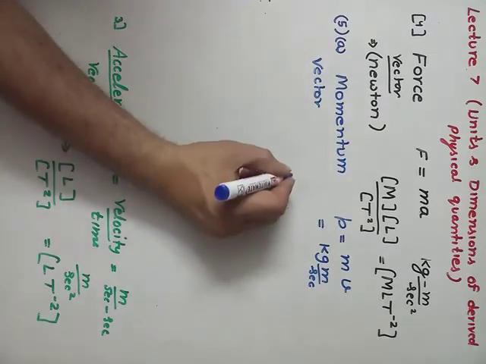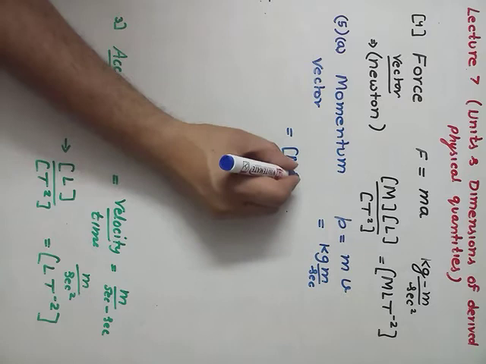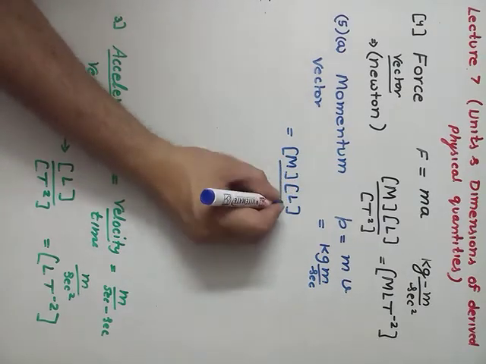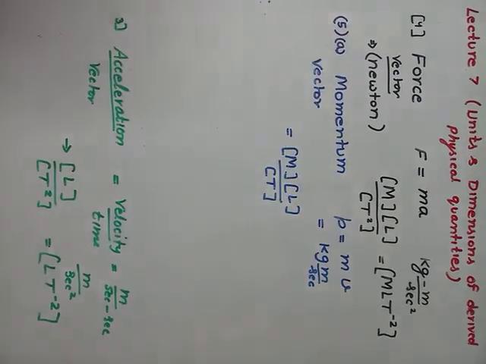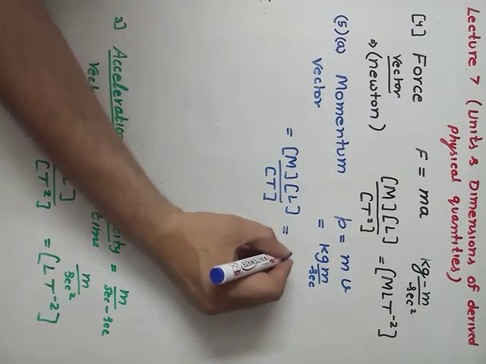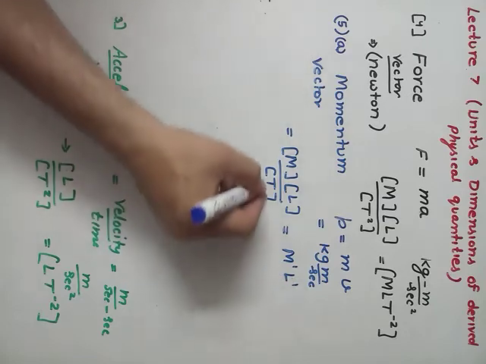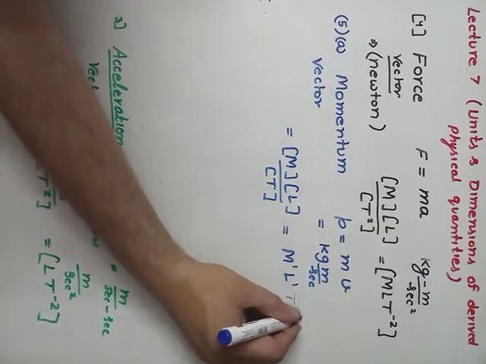Therefore, the dimension of kg is M, that of meter is L, and T is in the denominator. If no power is written, it is understood that the power is 1, so you can write M^1 L^1. When T is taken to the numerator, it becomes T^-1.